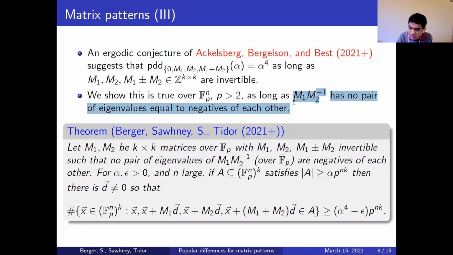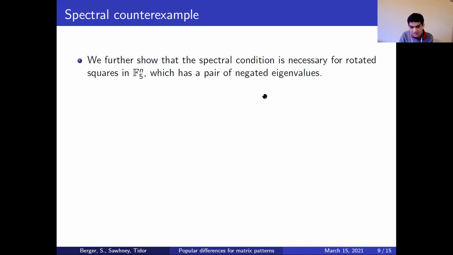But all of a sudden, you have this weird spectral condition showing up. The natural question you might ask is, do you actually need this spectral condition, and why? It seems a little strange at first. So we actually show that there is a counterexample when you have a pair of negated eigenvalues.